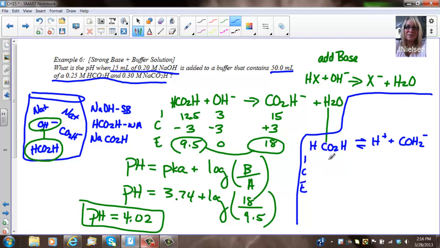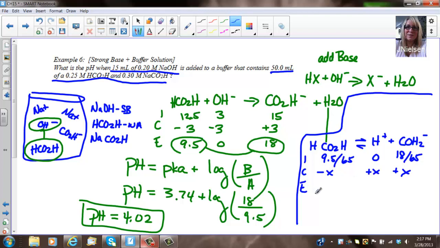Initially I had 9.5 of this, but when I do an actual ICE table, I need molarities. So this would have to be over the total volume, which is 65 milliliters. My H is 0, and my base was 18 over 65 milliliters. So this is going to be minus X, plus X, plus X.